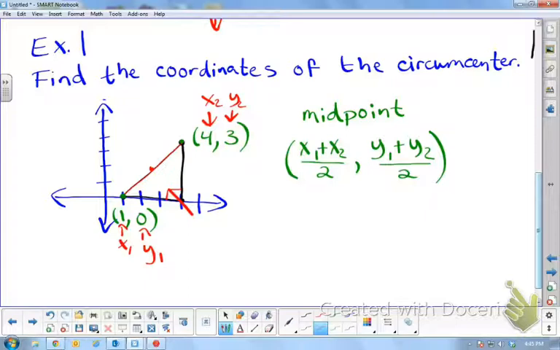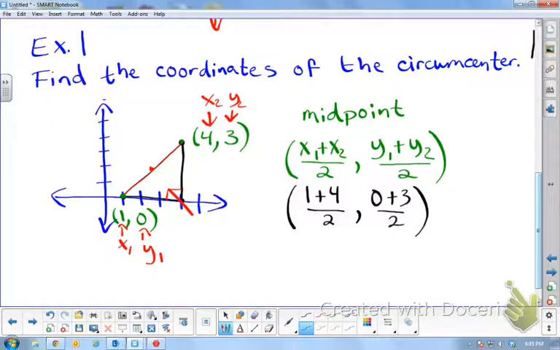So now I add my x values together. x1 was 1 plus x2 is 4, divided by 2. y1 is 0, y2 is 3. So we add these together, we get 5 divided by 2. 0 plus 3 is 3.